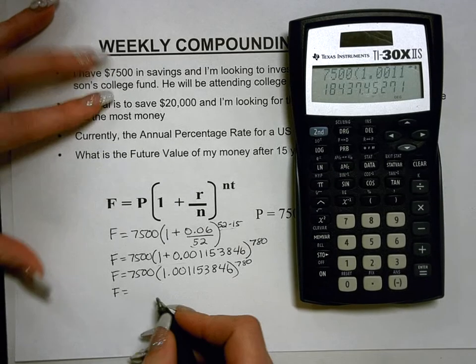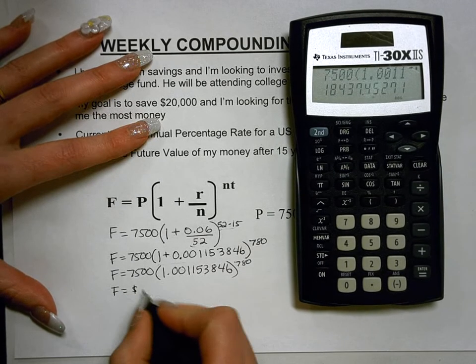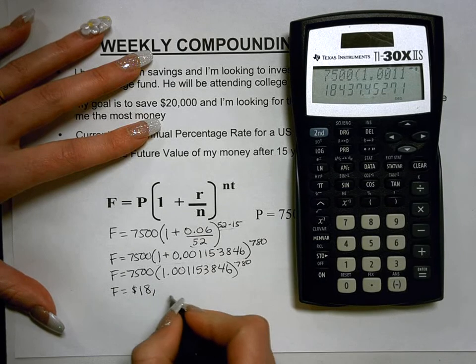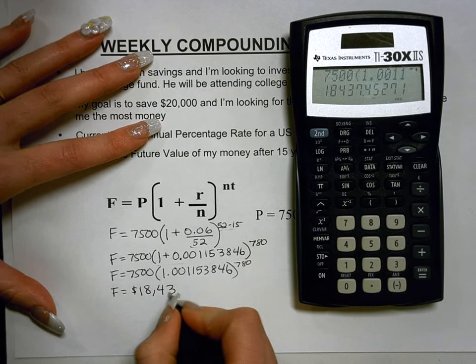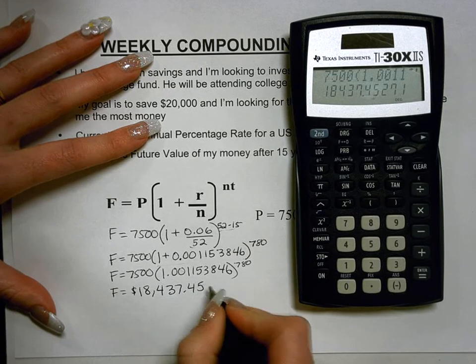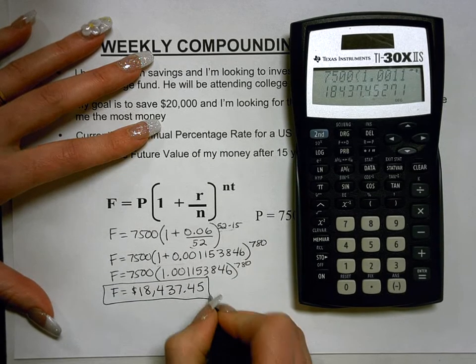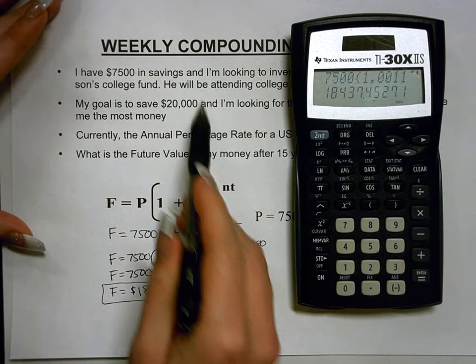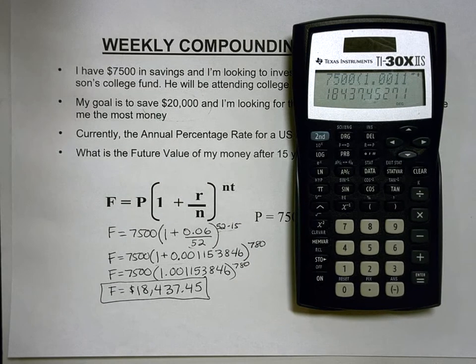And you arrive at the future value of your money, which is $18,437.45. It is not quite my goal of $20,000, but it is getting closer.